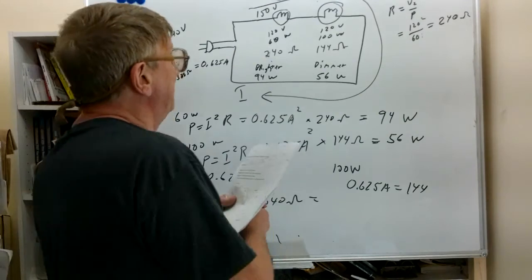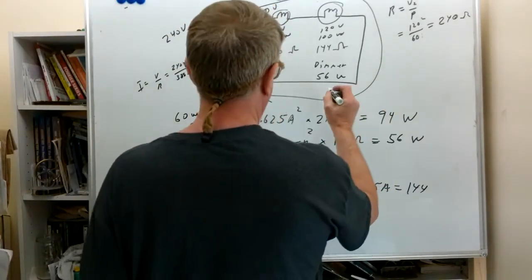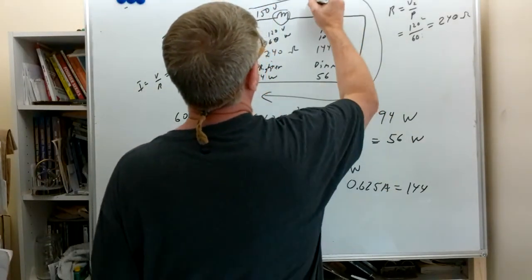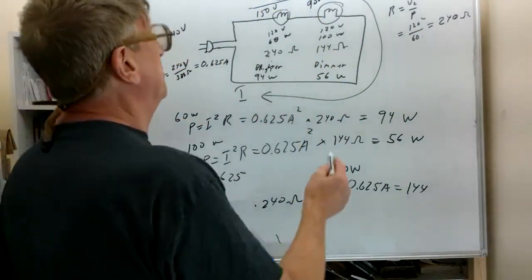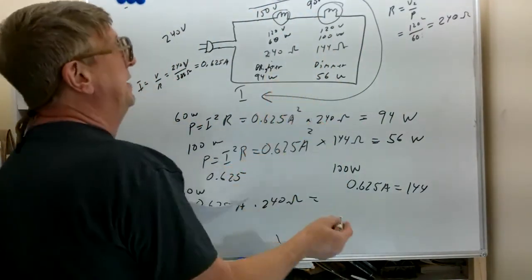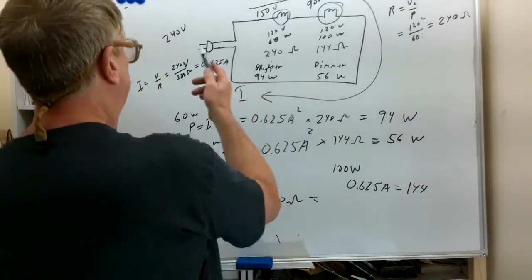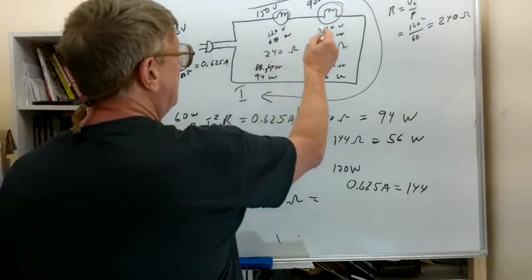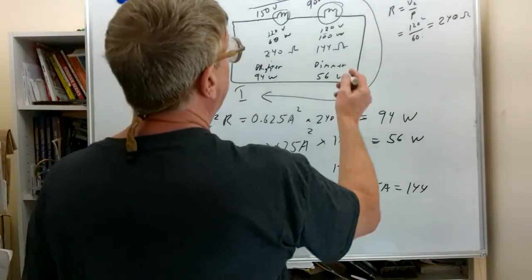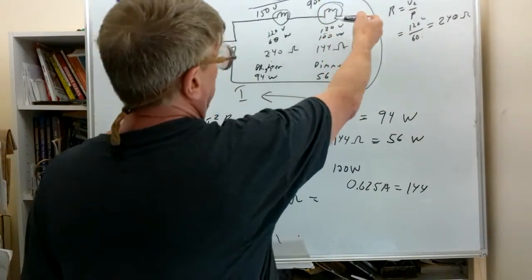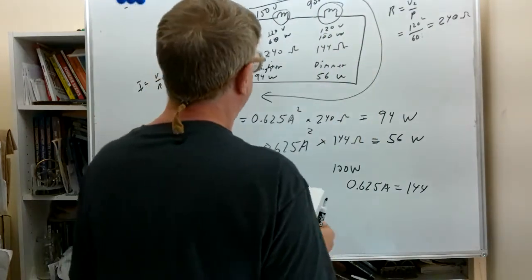And we end up with 90 volts here. So this 100 watt light bulb, when you put it in series with a 60 watt light bulb, and your supply is twice the nominal supply of these light bulbs, is actually going to only get 90 volts supplied to it, which is why it ends up being dimmer.